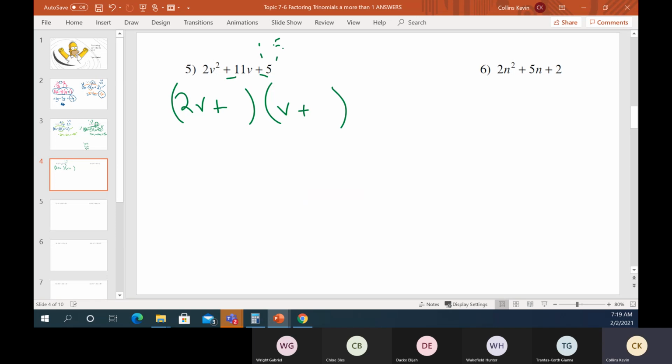So what should I put in the first block here? You saying put a 1 here, Chloe? Is that what you're telling me? Okay, so put the 1 there, which means we would put the 5 here.